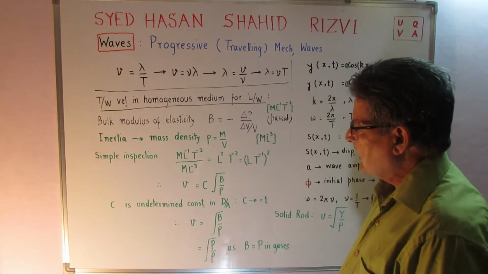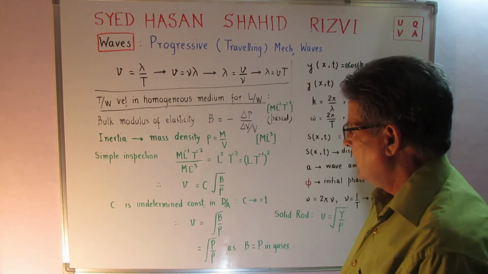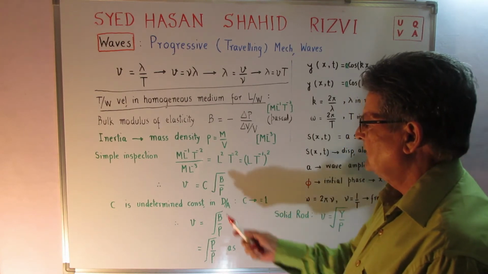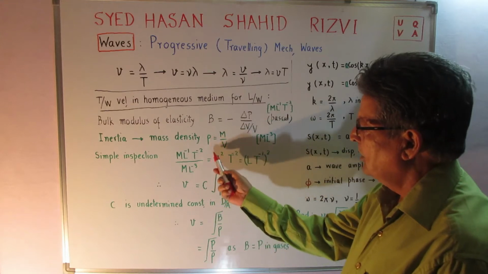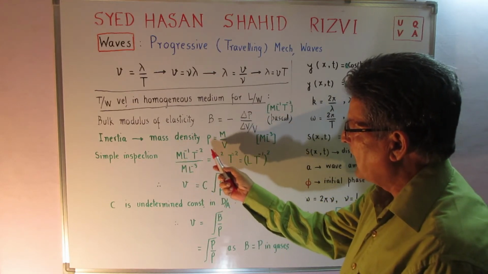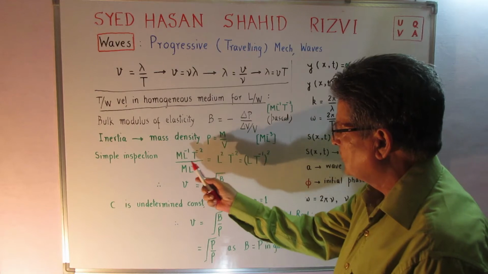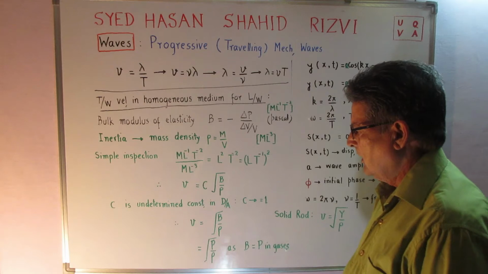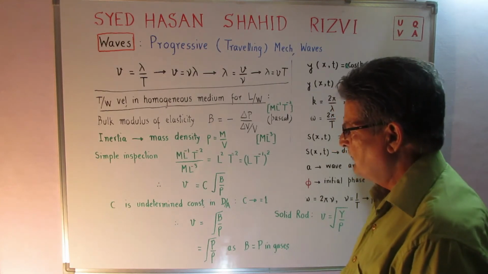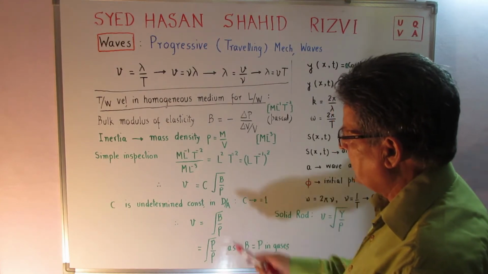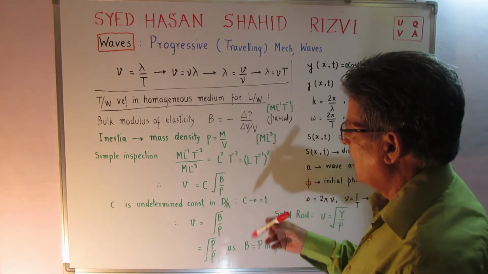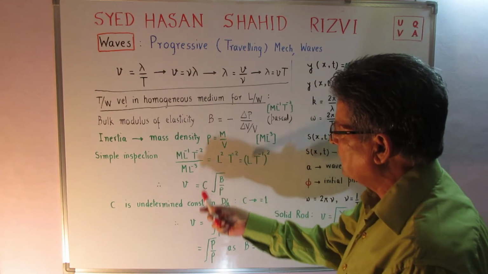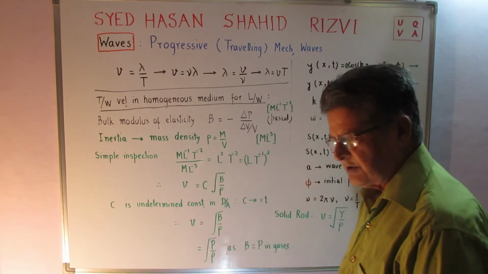Okay. So when the dimensional analysis is made, how will you do the dimensional analysis? It's very simple. I will say that the dimension of the velocity is equal to this raised to the power of alpha into this raised to the power of beta, okay, and then equate the indices, the powers of M, L and T, and finally you obtain that this is equal to c into under root B over rho, where c is an undetermined dimensionless constant in the dimensional analysis.